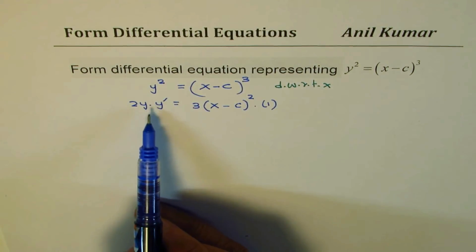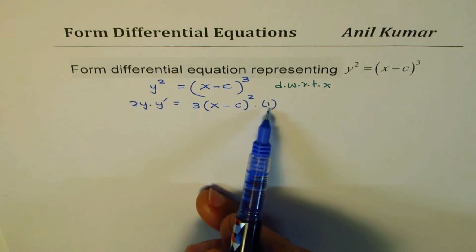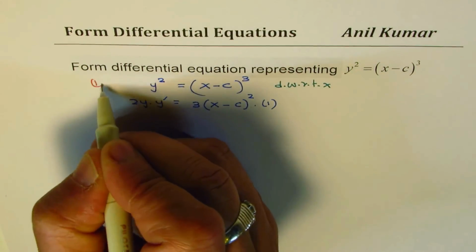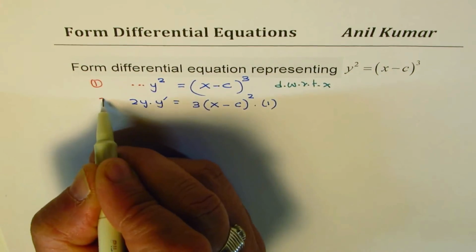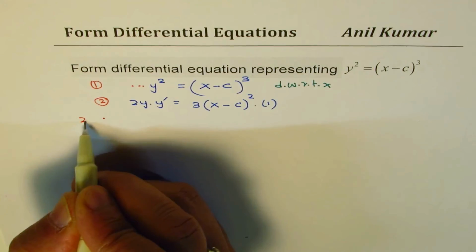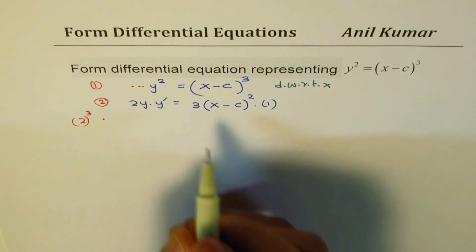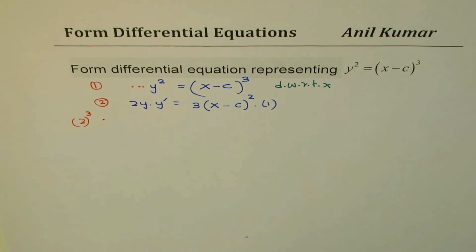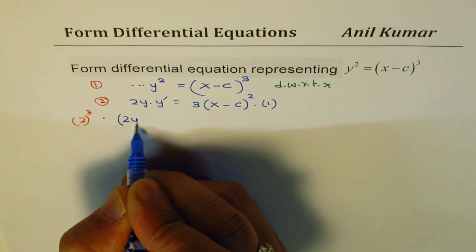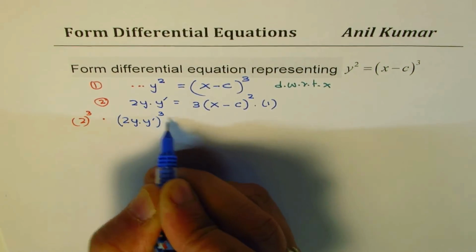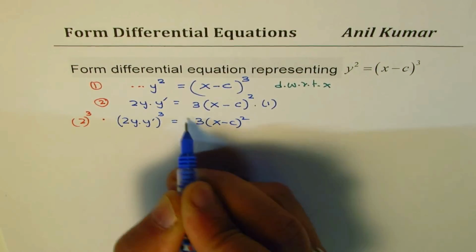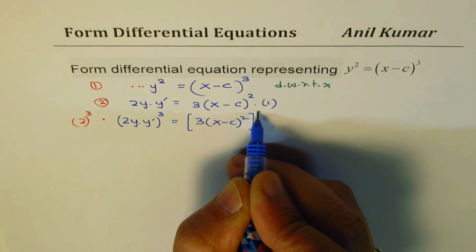I can actually take cube of the second equation, right? This equation. So let me call the first one as equation number 1. Now we have equation number 2. So if I cube equation number 2, what happens? So what I'm trying to do here is kind of like this. I'll do 2y times y dash whole cube equals to 3 times x minus c square whole cube.